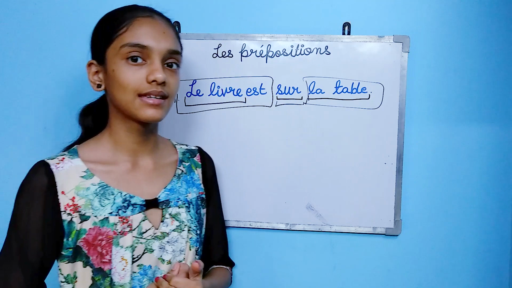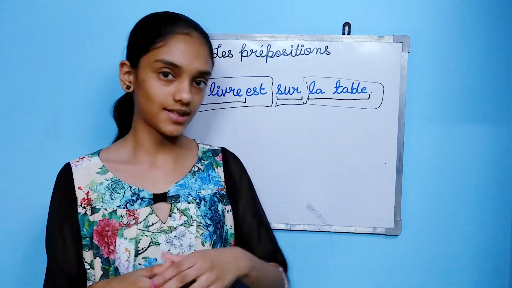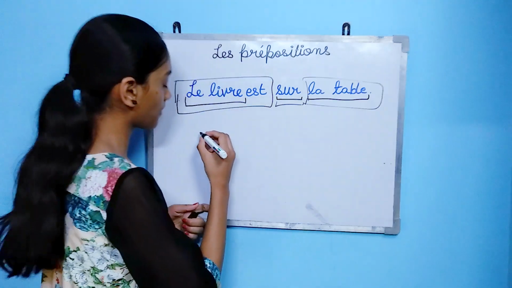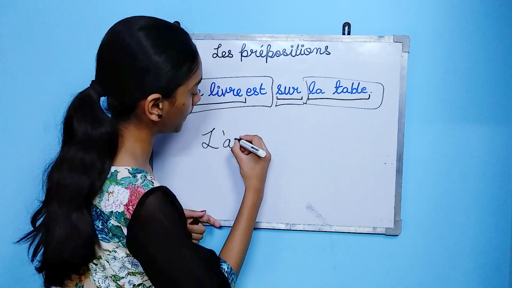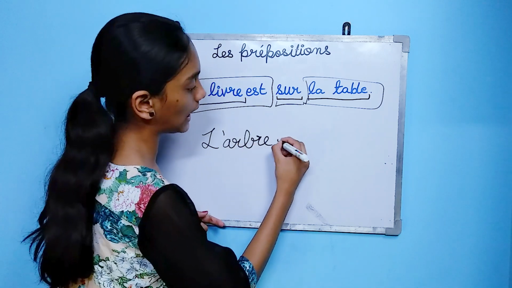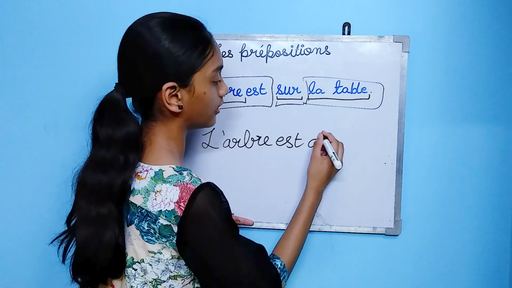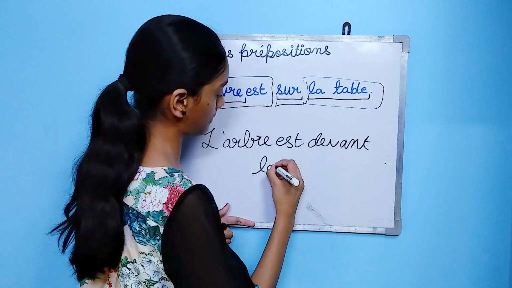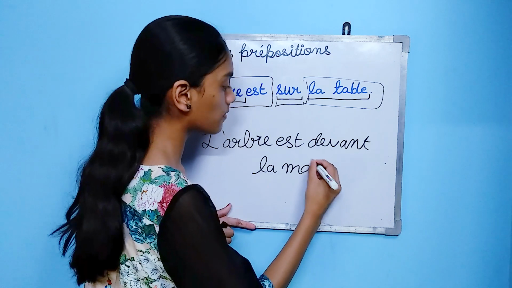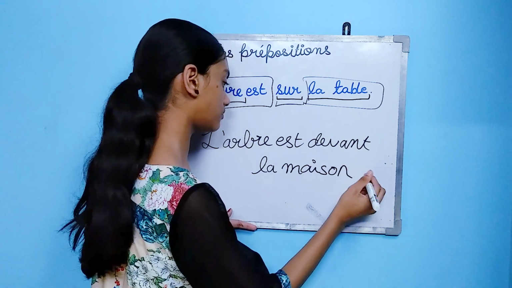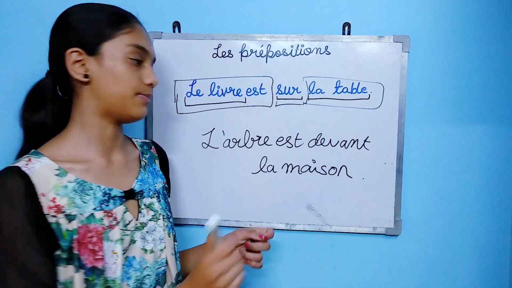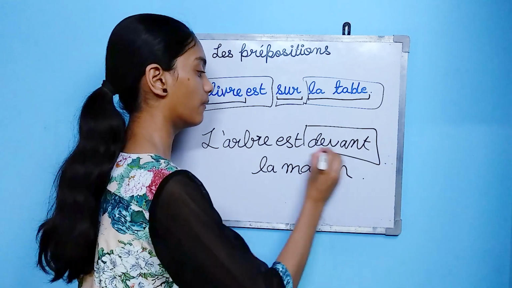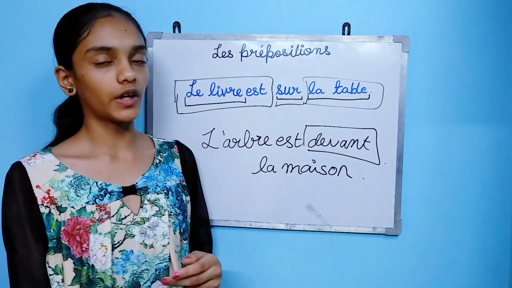a sentence. Now, if we take another example, l'arbre est devant la maison. Here, the preposition is devant, which means in front of.